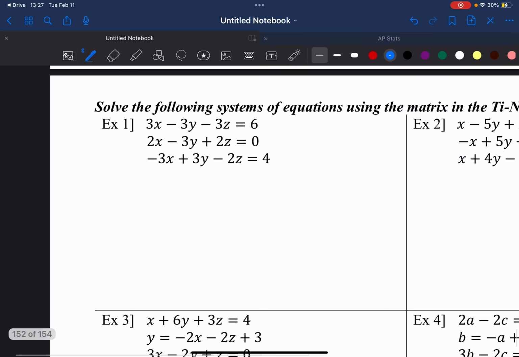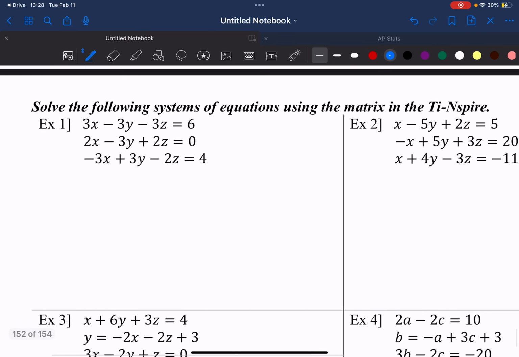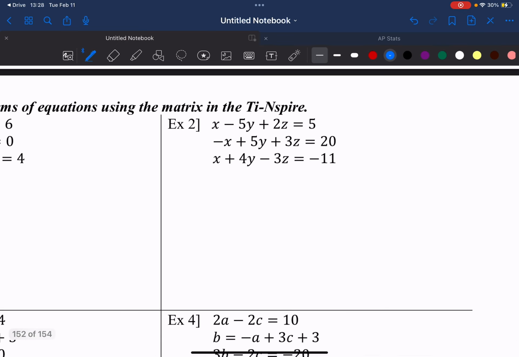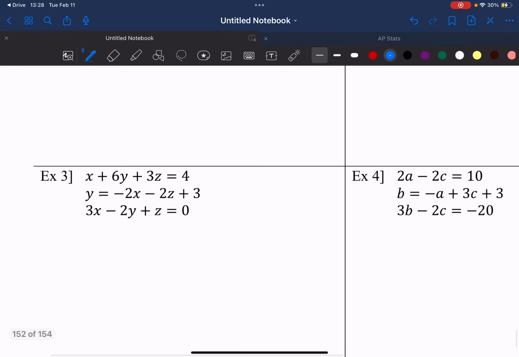The only big thing you need to remember is that this has to be in order, x, y, z equals. So this one, x, y, z equals. All those are good. But look at this one. This middle one right here says y equals. So you need to put it in terms of x, y, z. You would actually have to move the negative 2x and the negative 2z over to the other side.